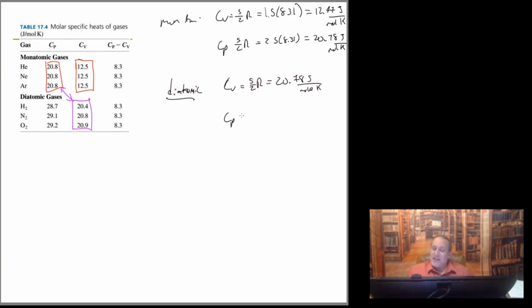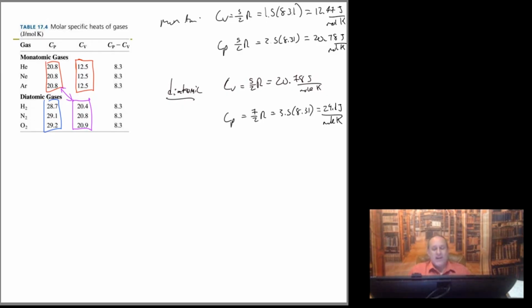For CP, we have 7/2 R, which is 3.5 times 8.31. That's 29.1. And we can see that it's close.